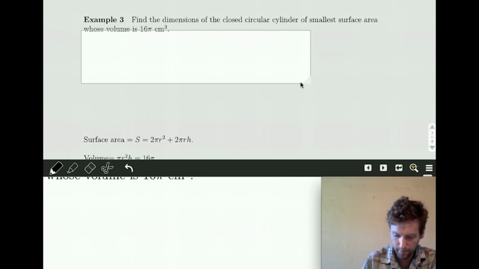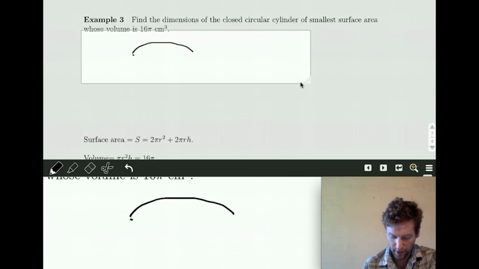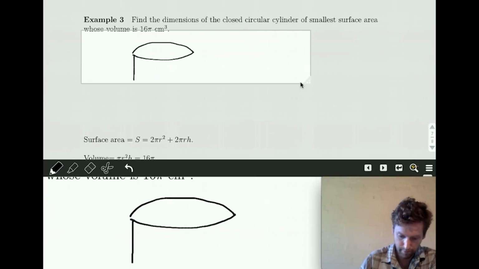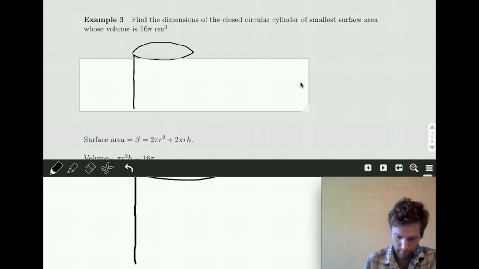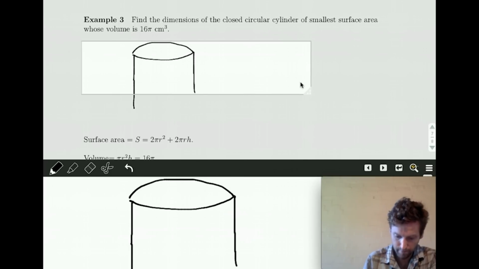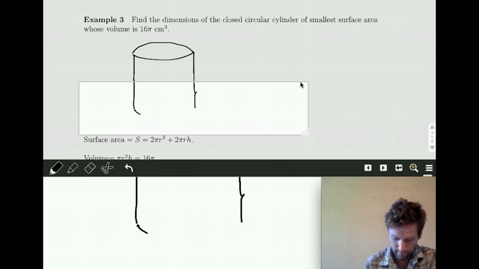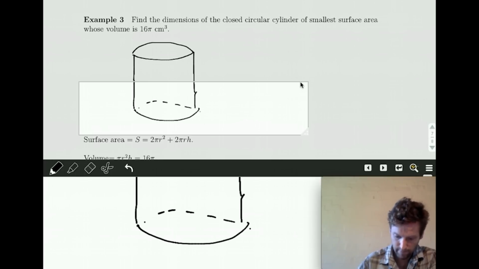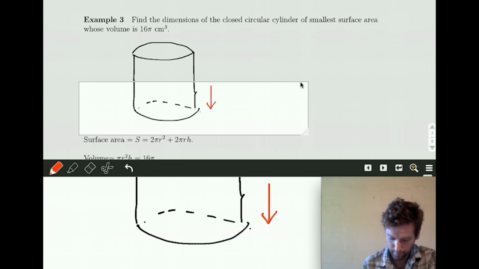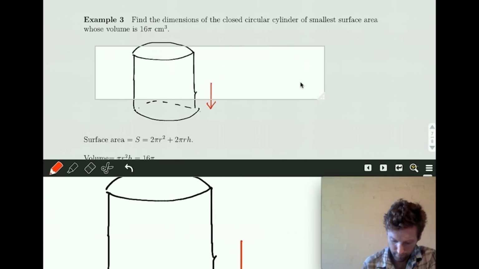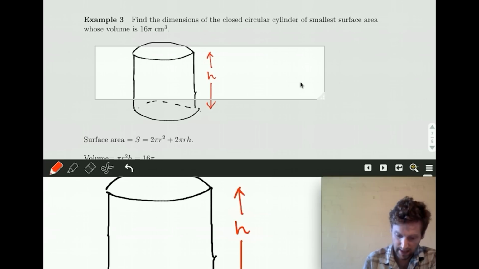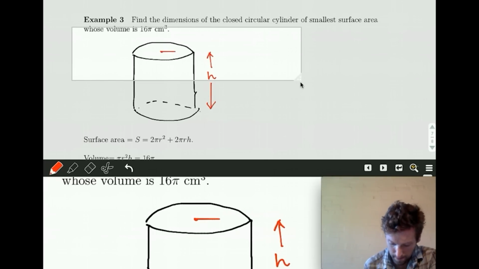I'm looking for a cylinder. What's the surface area of a cylinder? Let's draw my cylinder. And let's say that its height is given by h, and its radius is given by r.